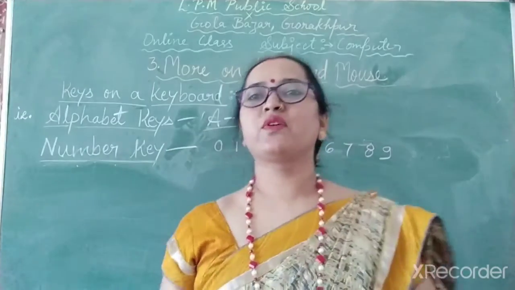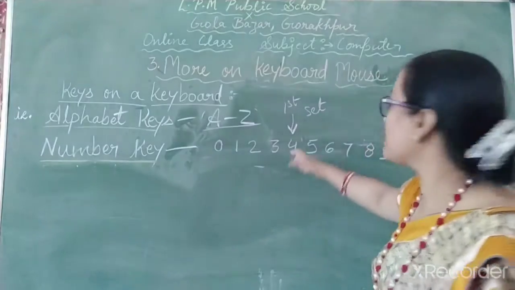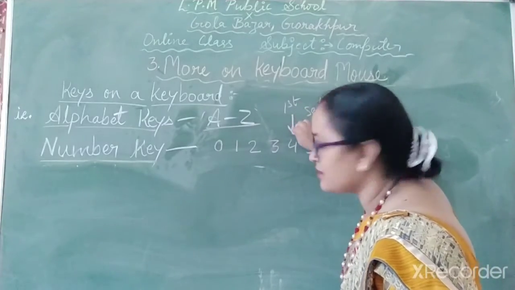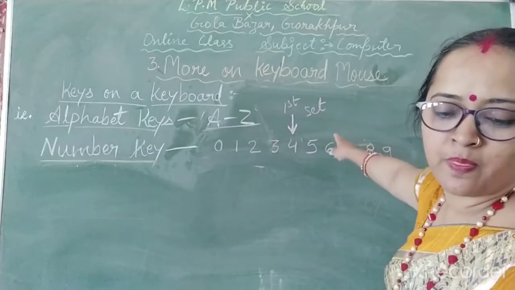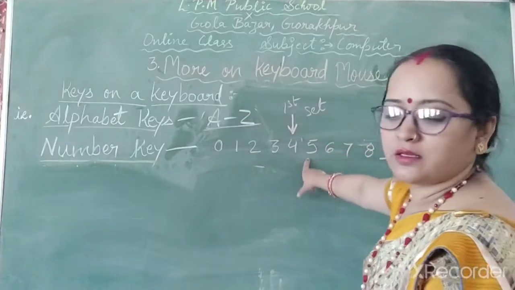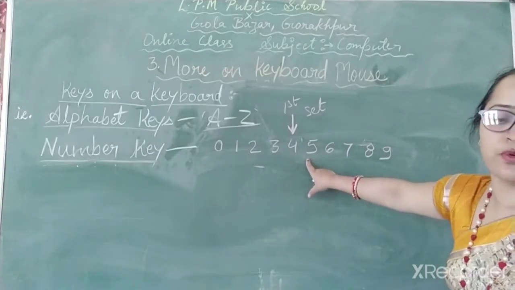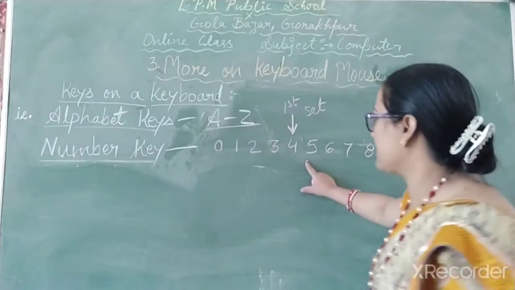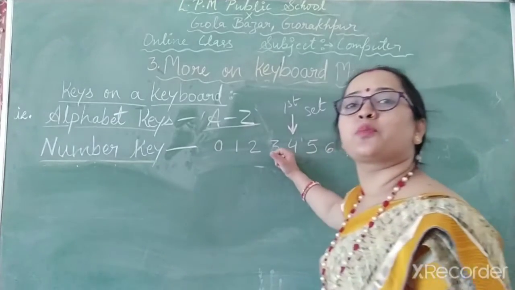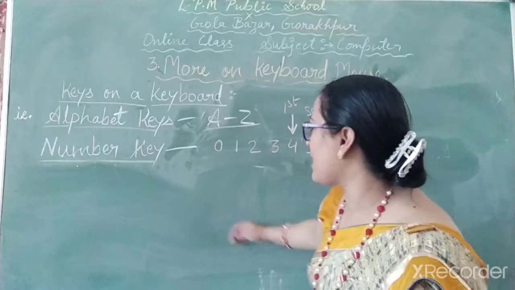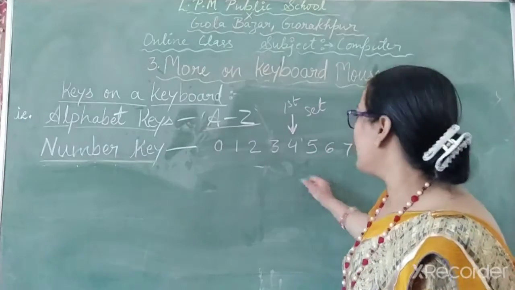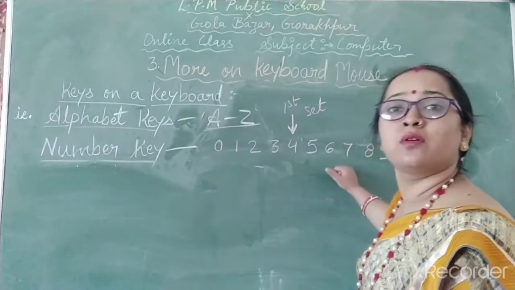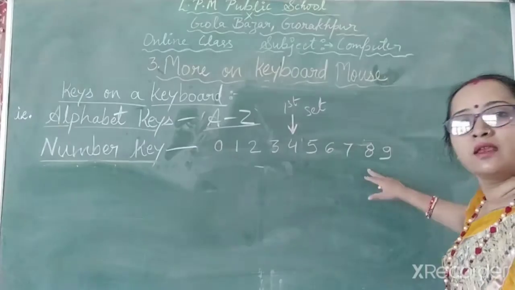Clear? The first set is located right above the top row of the alphabet keys. Down here you have the alphabet keys, and above the top row we have these numbers.